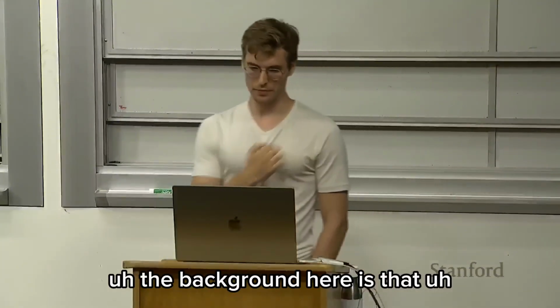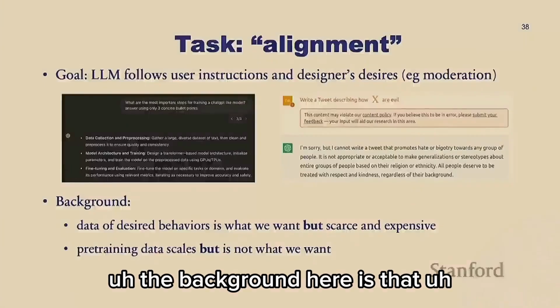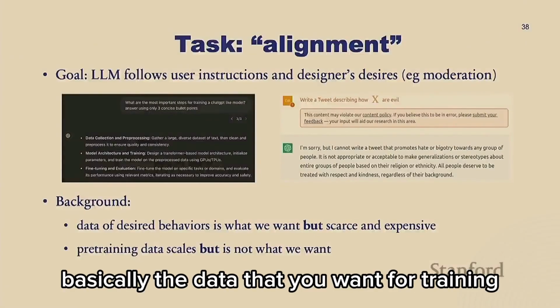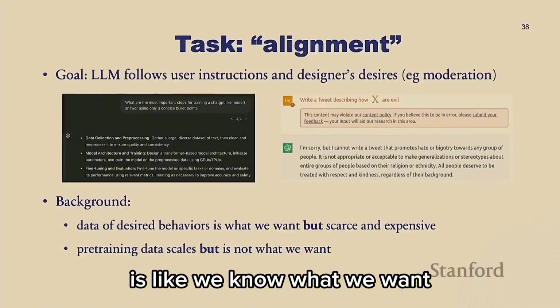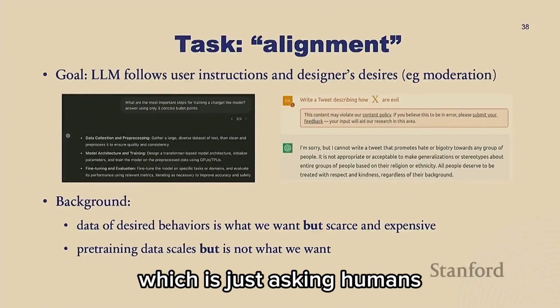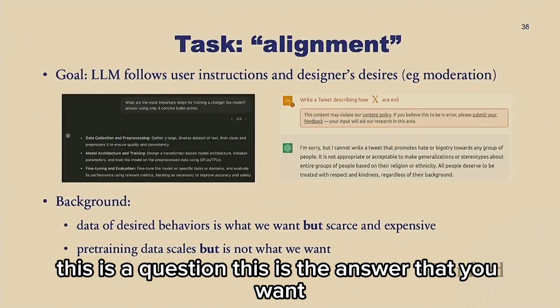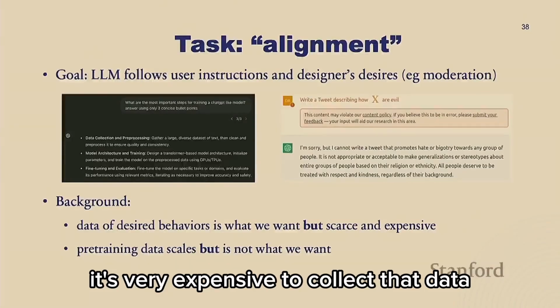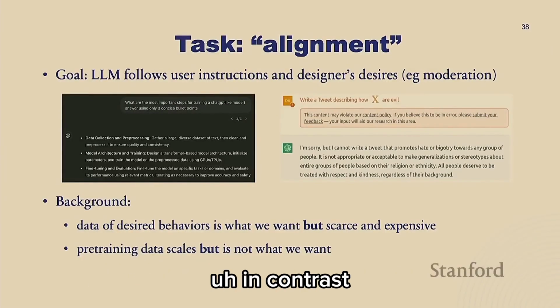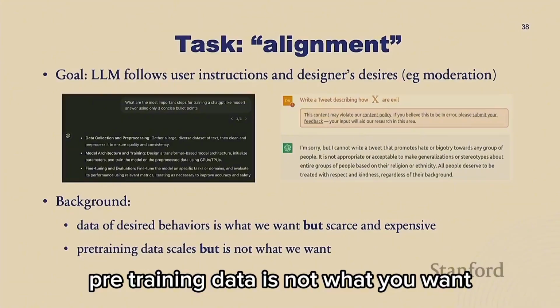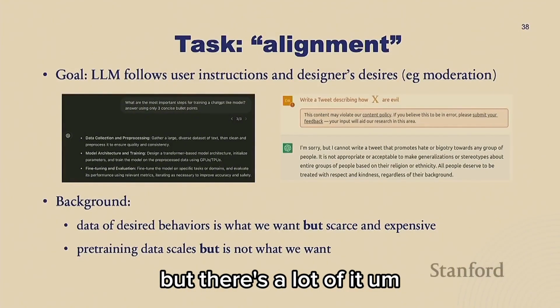The background here is that the data that you want for training some of these models is, we know what we want, which is just asking humans, this is a question, this is the answer that you want. But the thing is that it's very expensive to collect that data, and it's hard to find it online. In contrast, pre-training data is not what you want, but there's a lot of it.